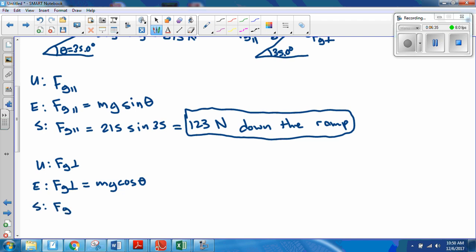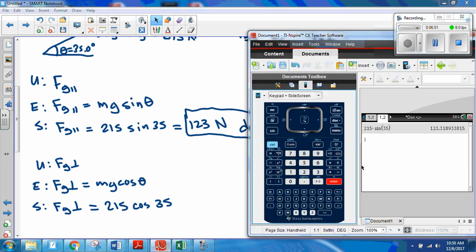So Fg perpendicular is equal to mg, which again is the same thing as the force of gravity, which we have is 215 cosine 35. Okay, so we put it into our calculator. 215 trig cos 35.